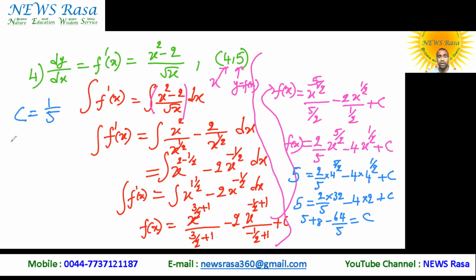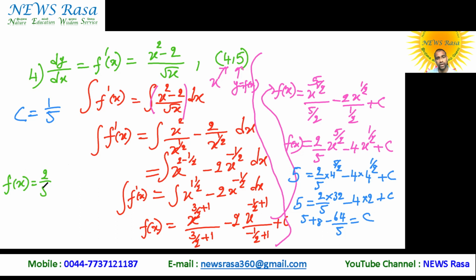Okay, so my final function, which is f of x, is equal to what? So I'll probably write it a little bit further down. I'm going to write it in a different color. All right, so that's going to be f of x equals, and then I'm just going to substitute the value for c, and I'm leaving the rest as it is.